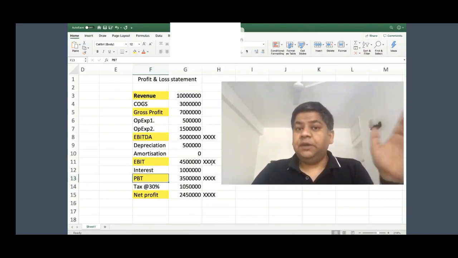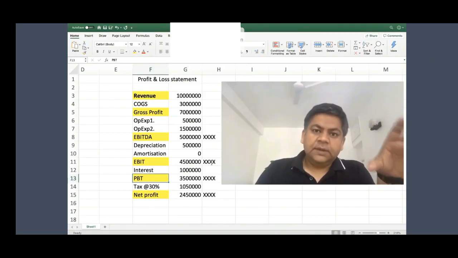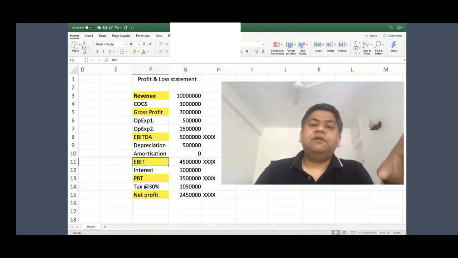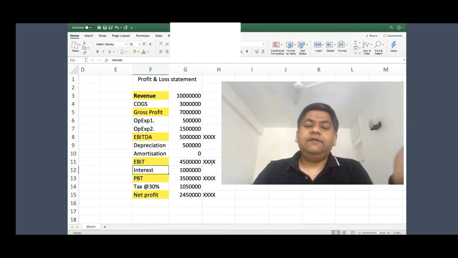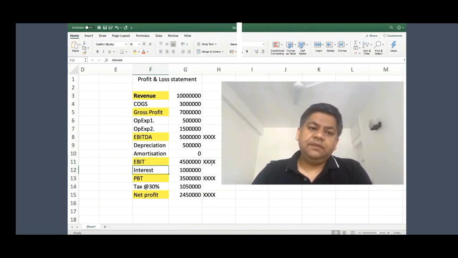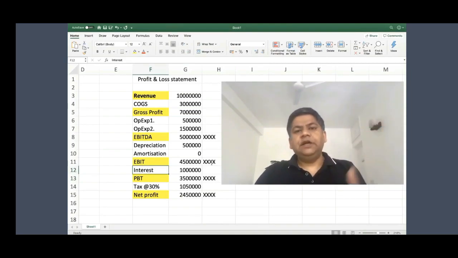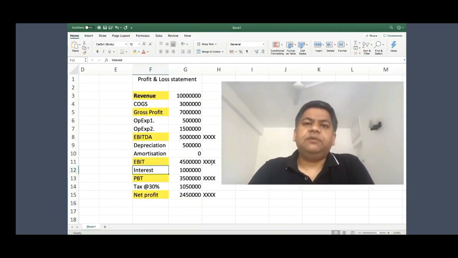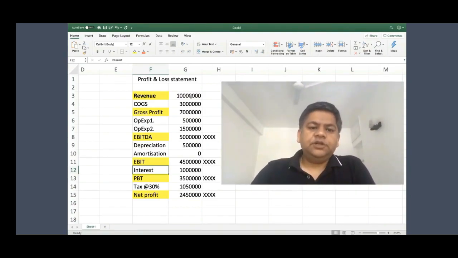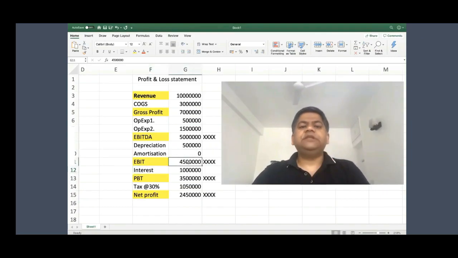Some companies may be very heavy debt companies. So comparing them at the EBIT level will be very, very important, right? Because most of them will have huge interest to pay. So before paying interest, how efficient one company was in comparison with another company in the same sector is something you can see at the EBIT level, because from total revenue you can always find out the percentage, right?